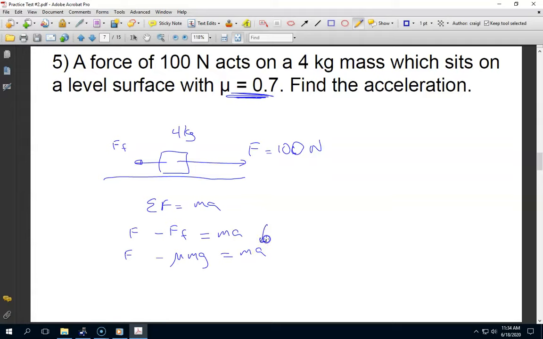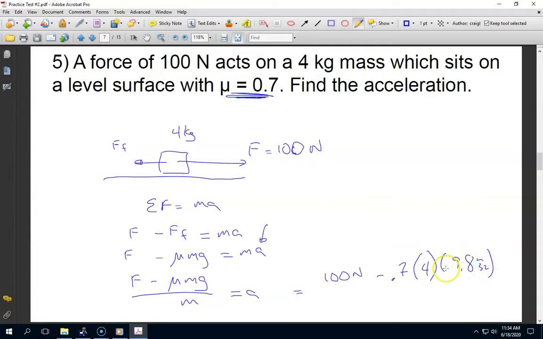I'm trying to get a by itself here, so if I divide through by m, then I'd have everything ready to go, and I could put my numbers into that, and that is going to be 100 newtons minus 0.7 times the mass, which was 4, times g, 9.8 meters per second squared. Should have put kilograms here, and I'm dividing all of this by 4 kilograms, like that.